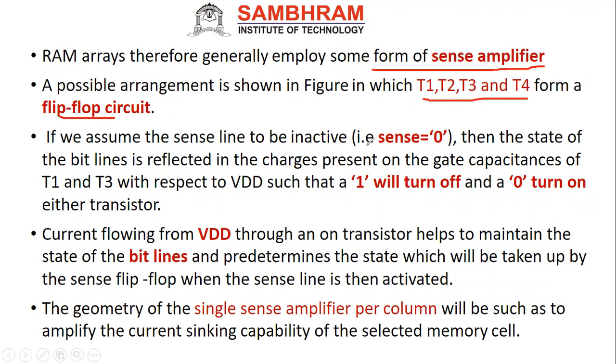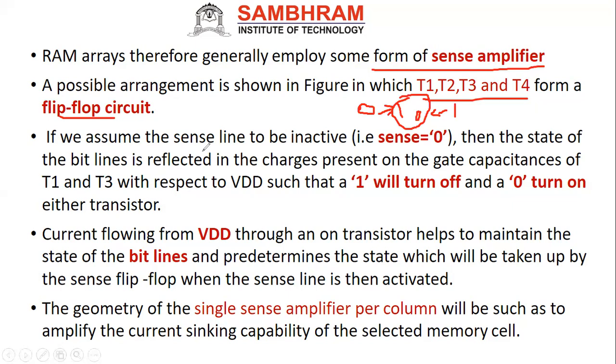It has differential input: if I give input equal to 0 and input equal to 1, what output will I get? Here I will get output 1, and here I will get output 0. Correct? So it is like Q. Q is 1 means Q bar is 0. It's like a flip-flop, this kind of flip-flop only.